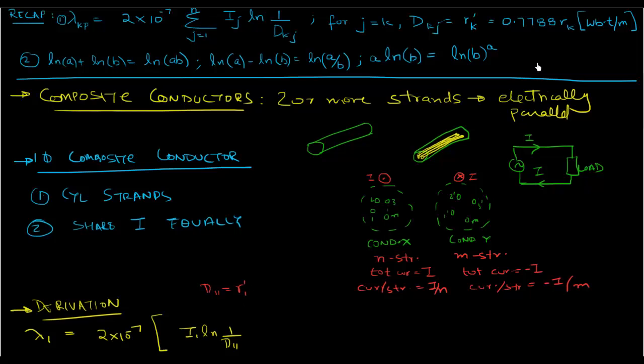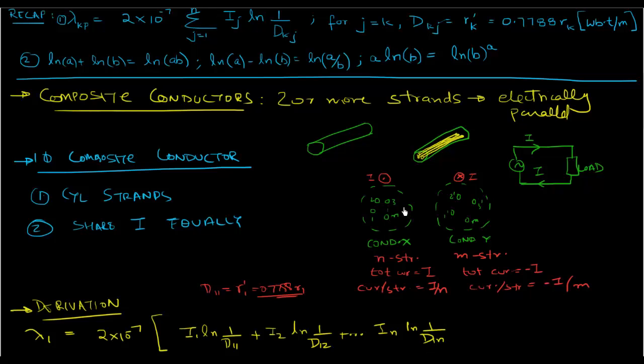It's 0.7788 times the radius of that strand, r1. So now continuing with our formula here, so that's going to be I1 plus I2 ln of the distance between strands 1 and 2, so on all the way to IN ln of 1 over d1N.